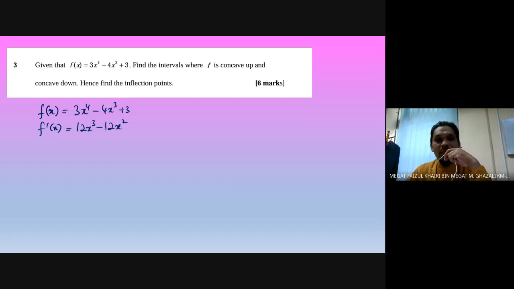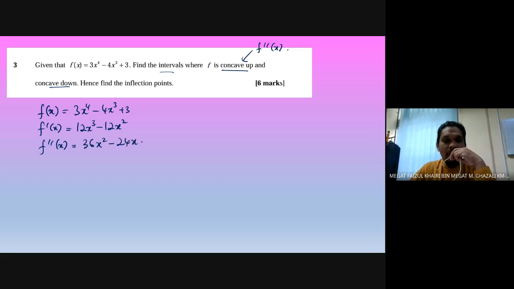The question wants us to find the intervals of concave upward and concave downward, which means that we are dealing with the second derivative of the function with respect to x. So we need to differentiate this for the second time. f double prime(x) equal to 3 times 12 equal to 36x squared minus 24x.